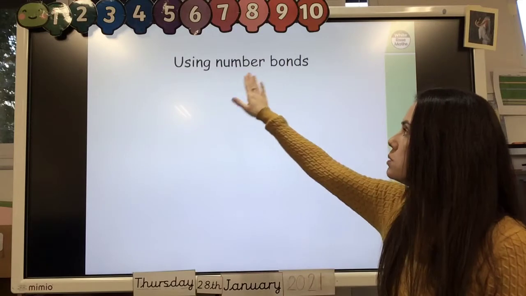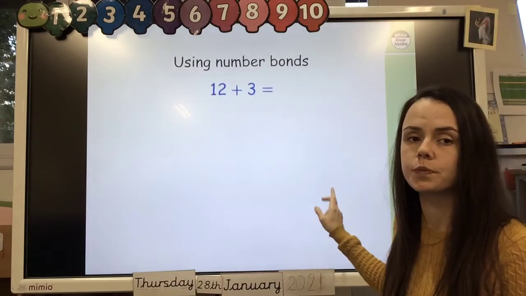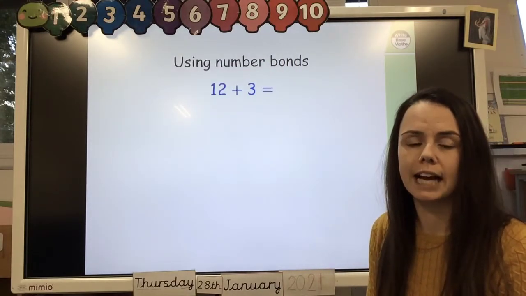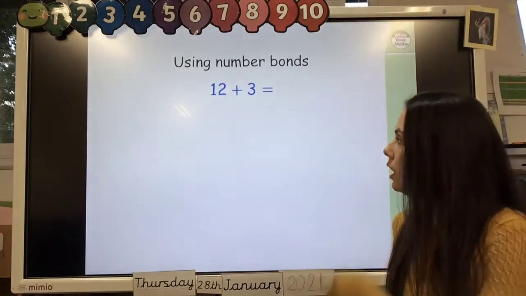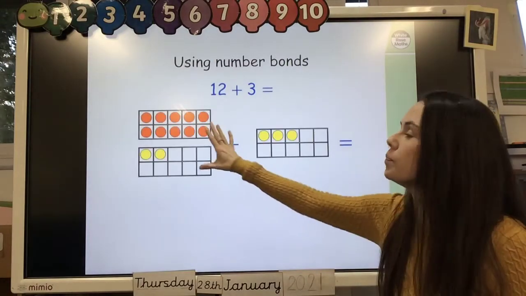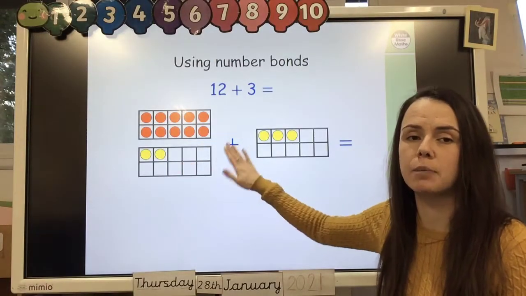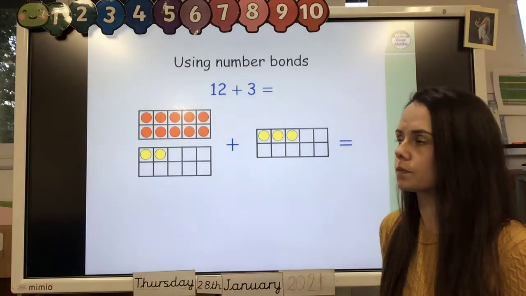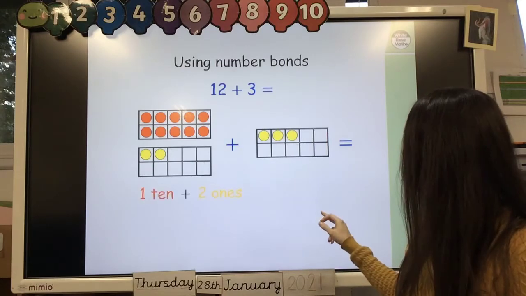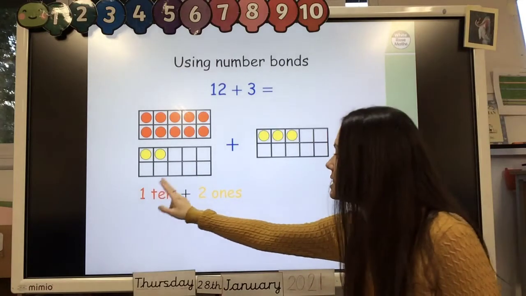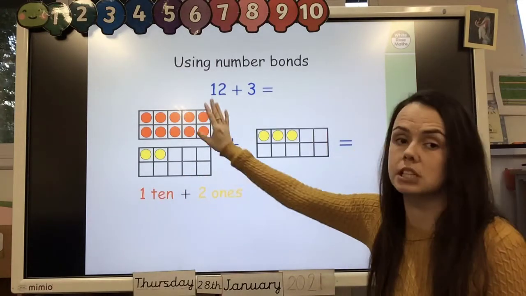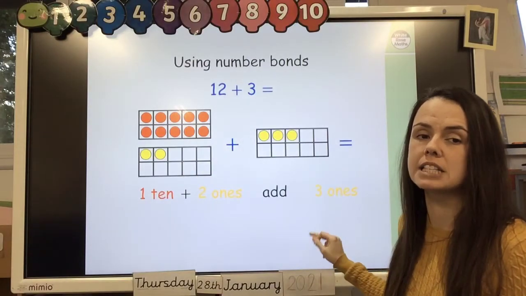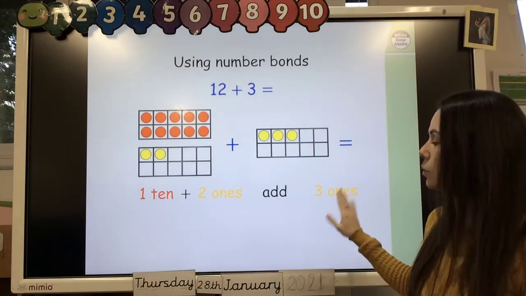So, using number bonds. 12 add 13. Here I've got 12 and I'm adding on 13. We know that 1 ten and 2 ones is 12, and we are adding on 3 ones.